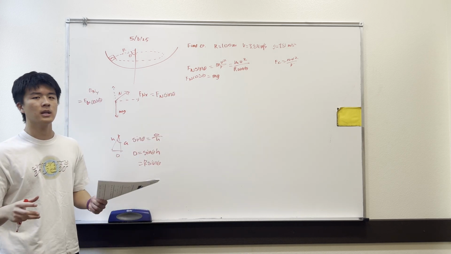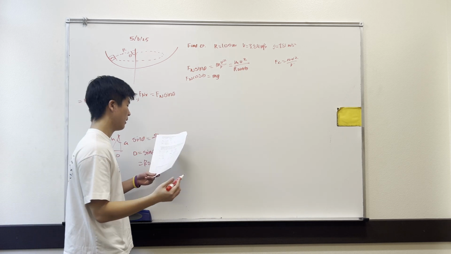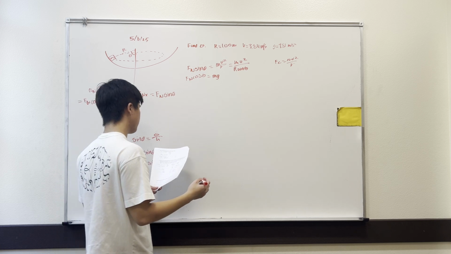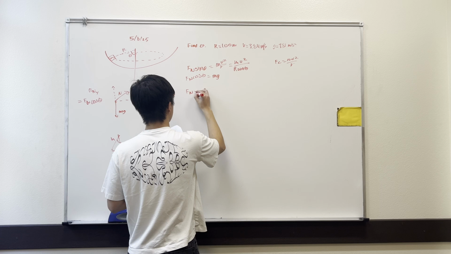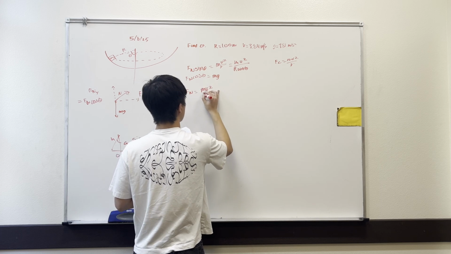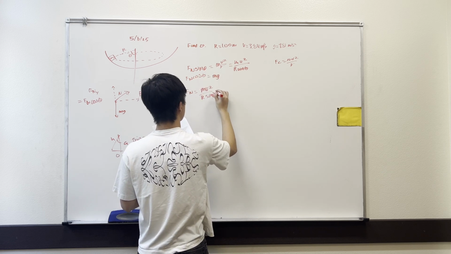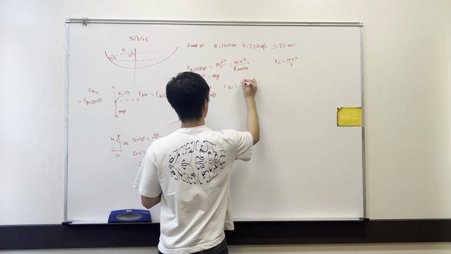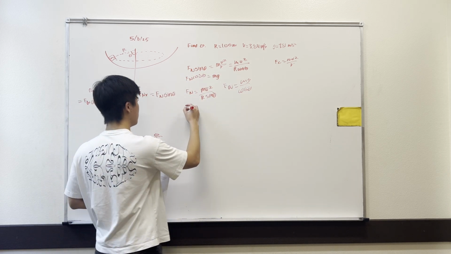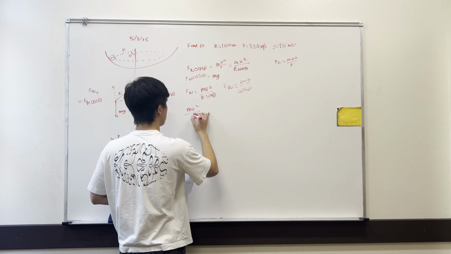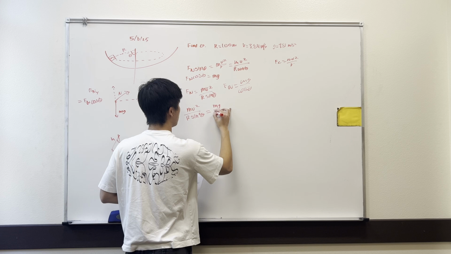So let's set them equal to each other: F_n from the first equation equals mv squared over R sine theta, and from the second equals mg over cosine theta. Setting these equal gives mv squared over R sine squared theta equals mg cosine theta.